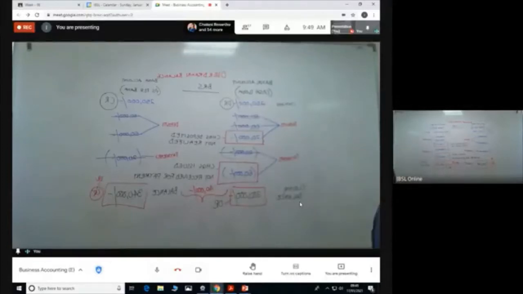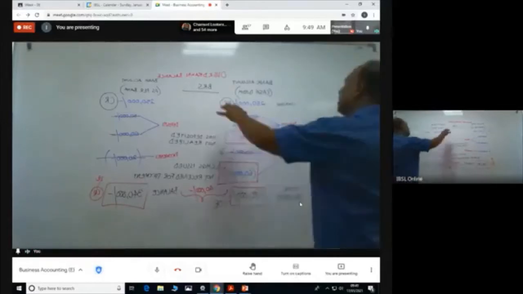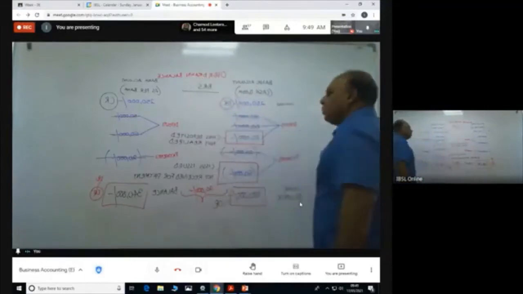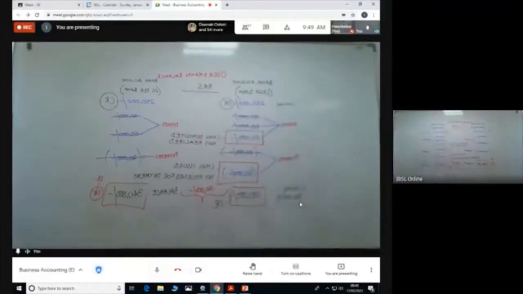But in the case of a current account, if you have any established facilities, you can go and overdraw your account. So as a result, the bank current account might have different balances. Sometimes it could be debit, sometimes it could be credit. So you have to be very careful whether it is a debit or a credit.